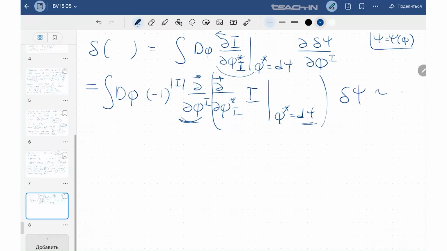So all in all, it is proportional to delta I, which is 0. It's an integral of delta I times something.